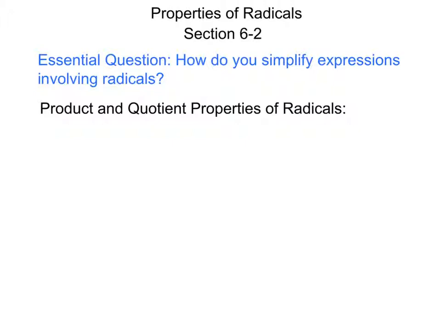Well, the first of these properties says that if we've got the nth root of A times B, something like this, that is simply equal to the nth root of A times the nth root of B. So basically we can break up the radical into two sections here.